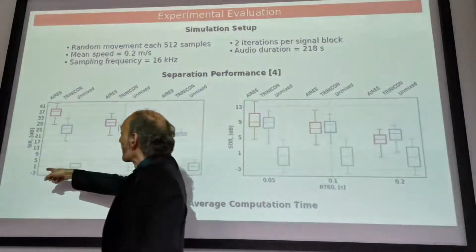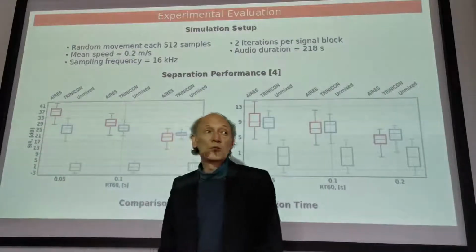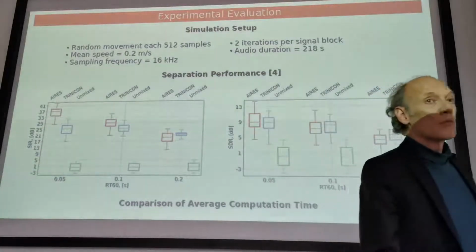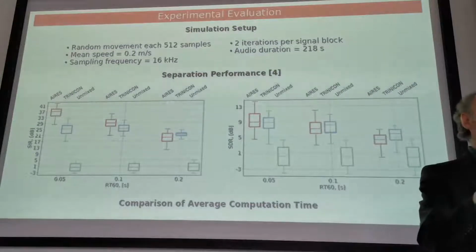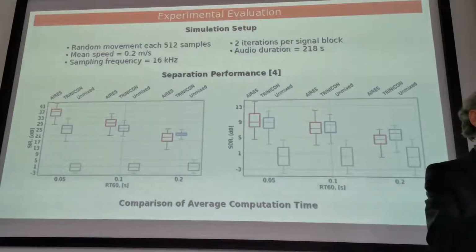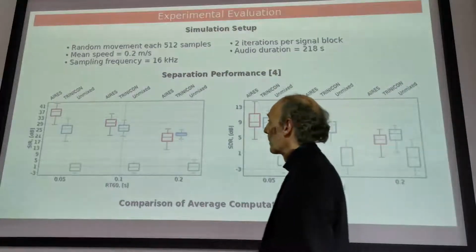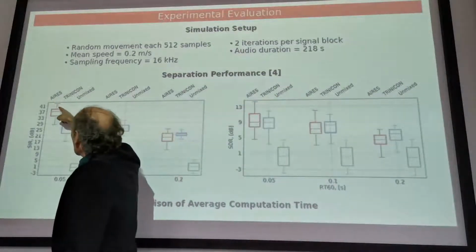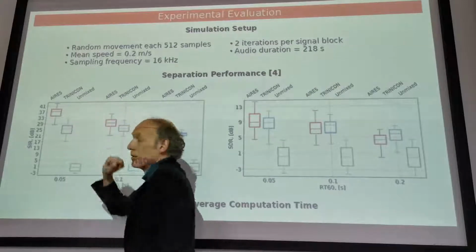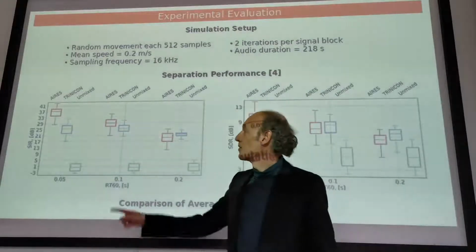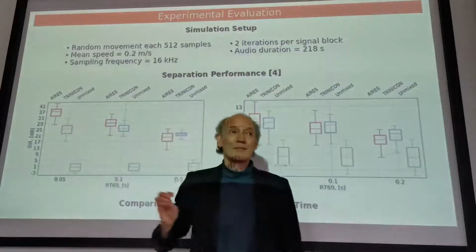And on the vertical axis, you can see the signal to interference ratio, which is basically the ratio between the desired signal and the unwanted signal, the interference. So the higher this value, the better. And you can see here, actually our system is much better than our comparison system, even though this is much more complex.